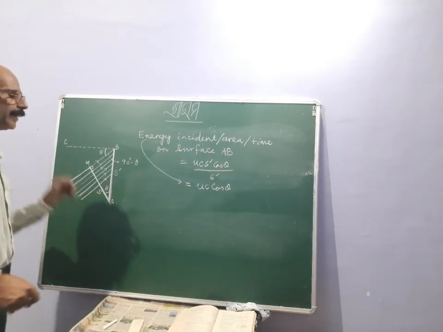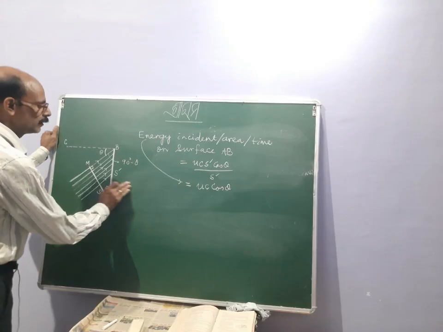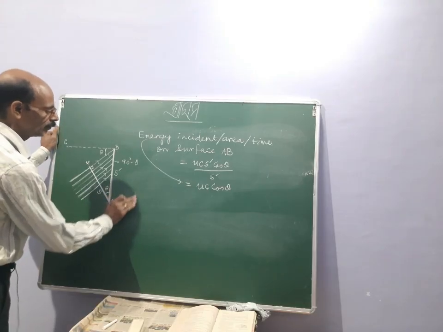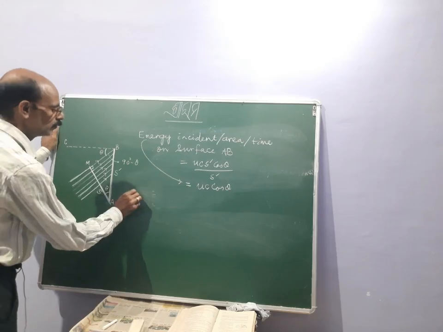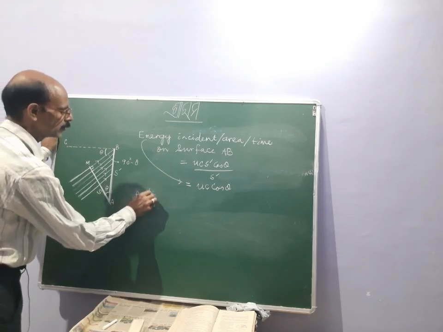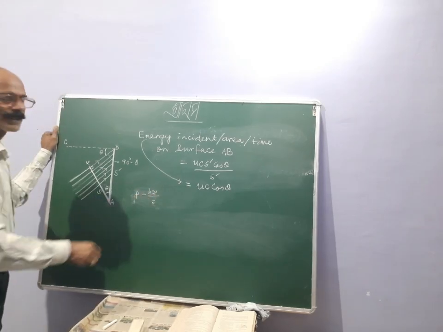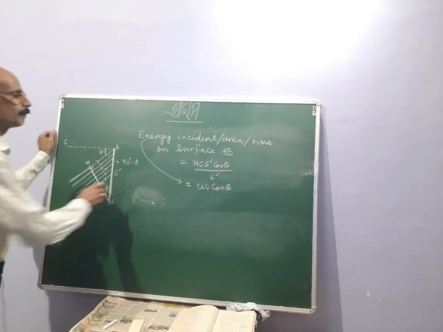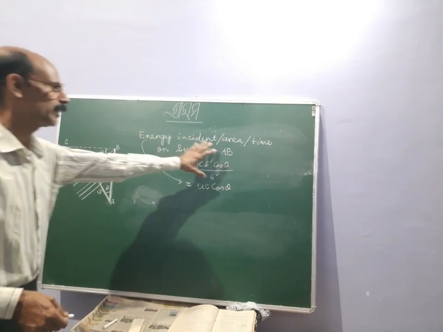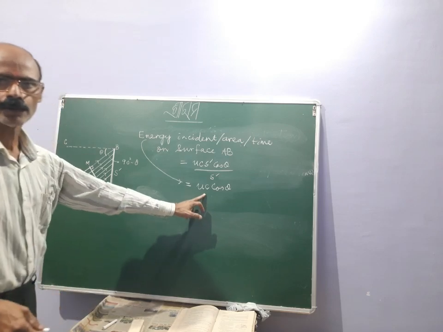While reading normal radiation, we had P is equal to h nu by c. H nu is energy, so energy per c. So similarly, here energy incident per unit area per unit time is UC cos theta.